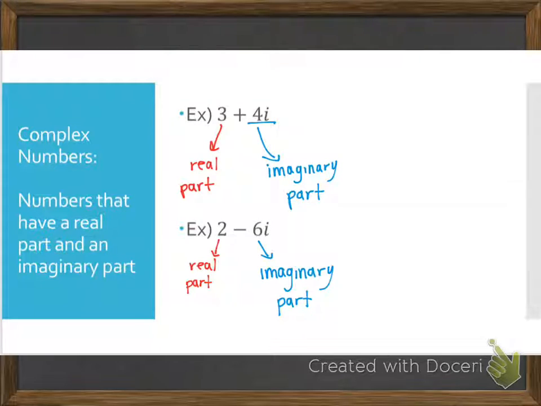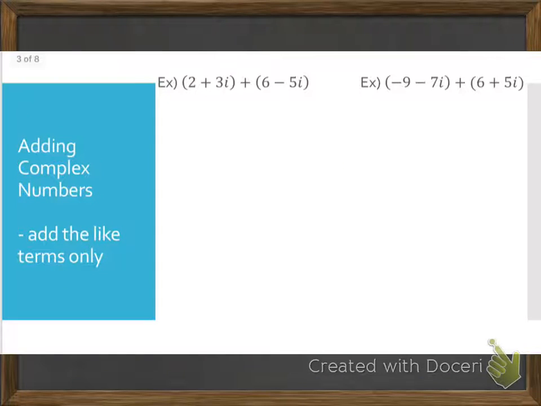All right, moving forward. So we're going to start by adding complex numbers. Now, how do we add complex numbers? The way we're going to do that is to add the like terms only. So, for example, when we have 2 plus 3i plus 6 minus 5i.